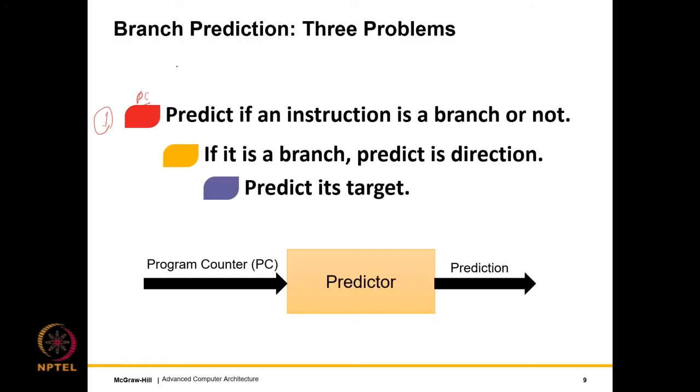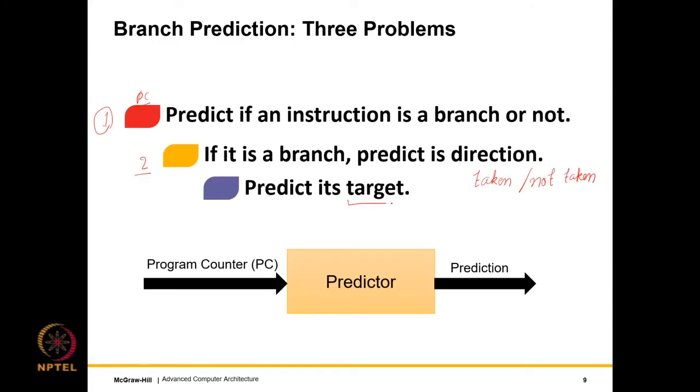We need to predict in the first place whether it is a branch or not, right? If it's a regular instruction, we are fine. The next instruction will be PC plus 4. If it is a branch, which is second, we need to predict its direction, which is either taken or not taken.